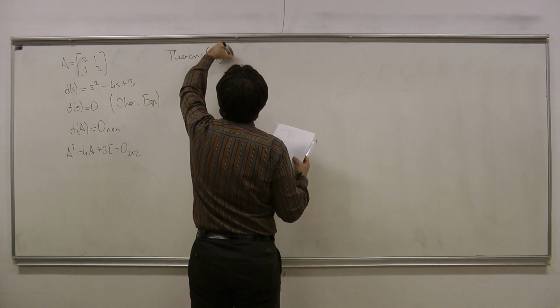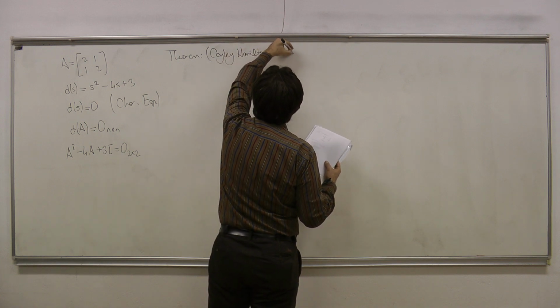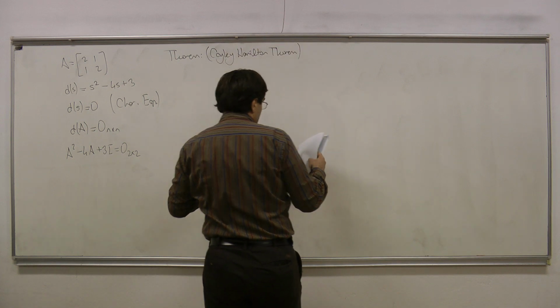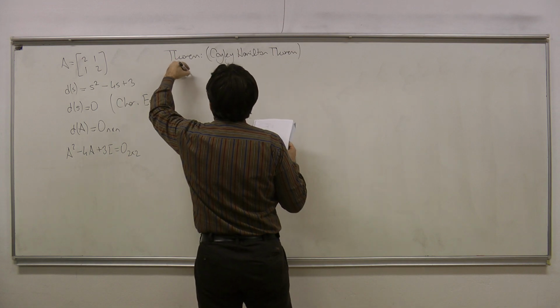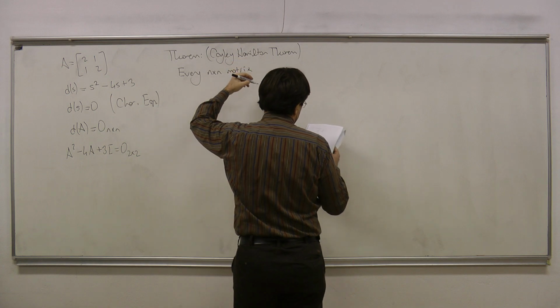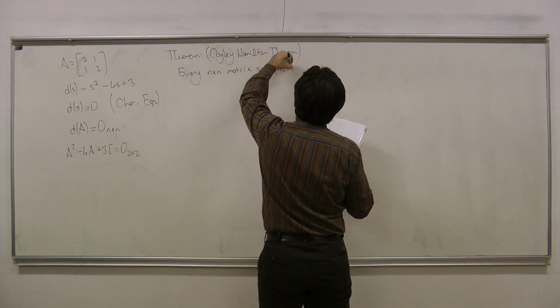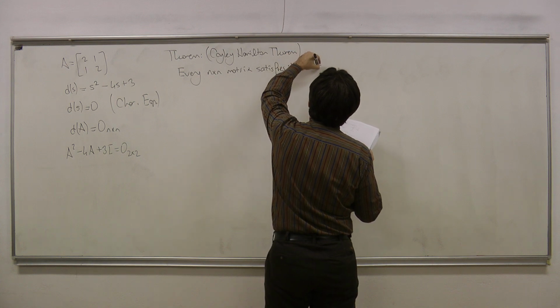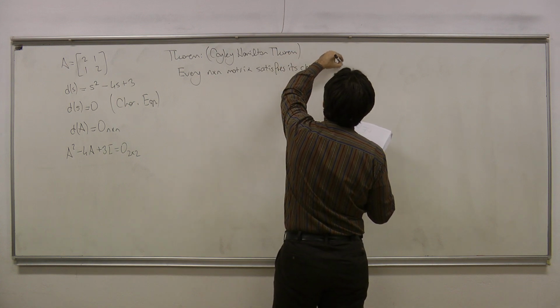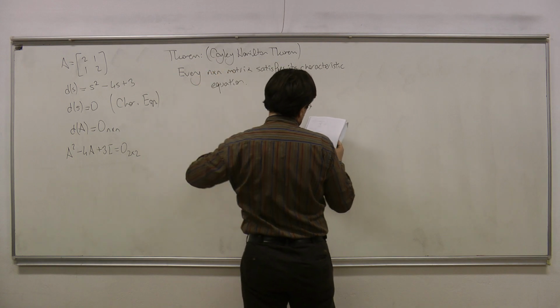So this is the Cayley-Hamilton theorem. Every n by n matrix satisfies its characteristic equation. What does it mean?